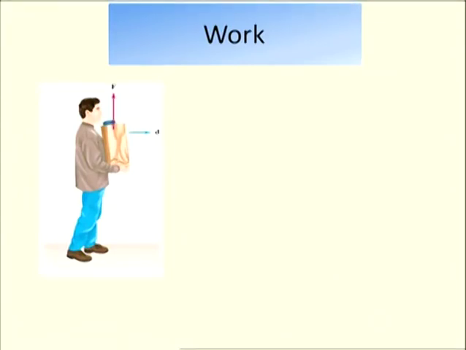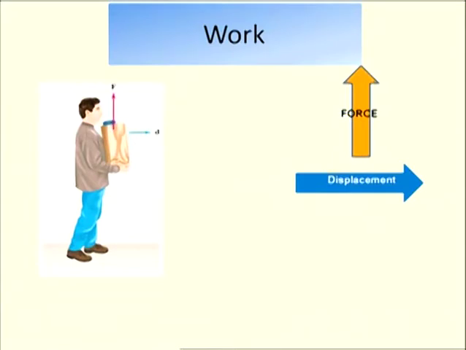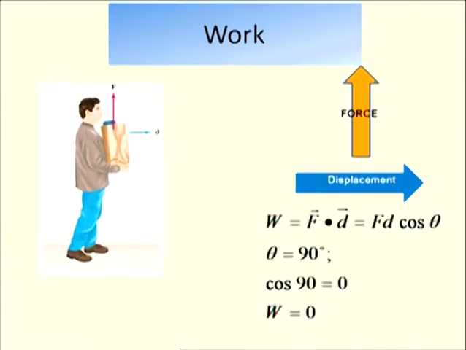Here is one interesting case. Suppose a person is holding a weight in his hand and he is moving in this direction D. Force is in this direction and displacement is in this direction. So work done against gravity is 0.